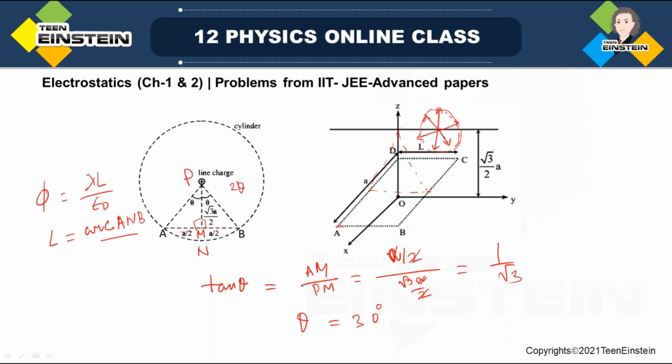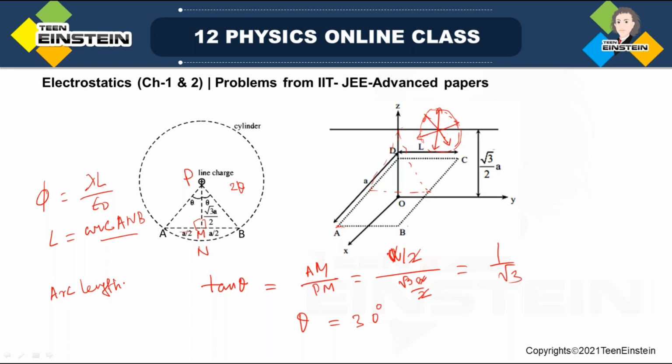So 2 theta, see now I have to find out what is the arc length. So the arc length will be, this I don't know, so we don't go in that way.